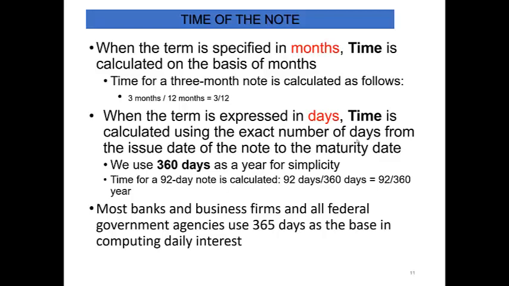Now we know that there are 365 days in a year, but banks often use a rounded 360 days. So if we had a 92-day note, we would calculate our interest with a fraction 92 divided by 360. That's 92 out of 360 days.